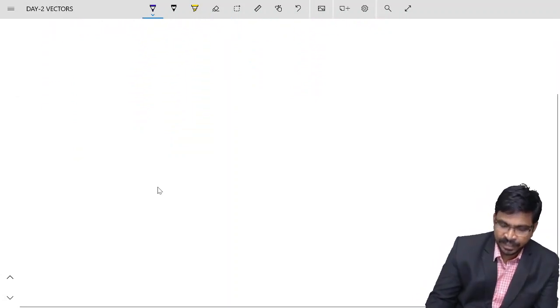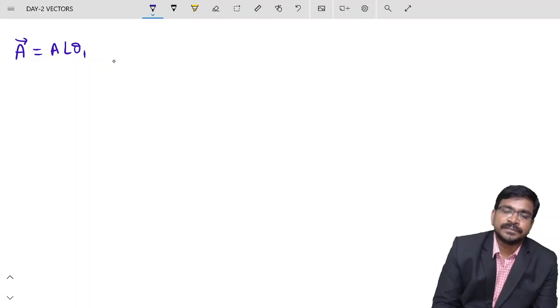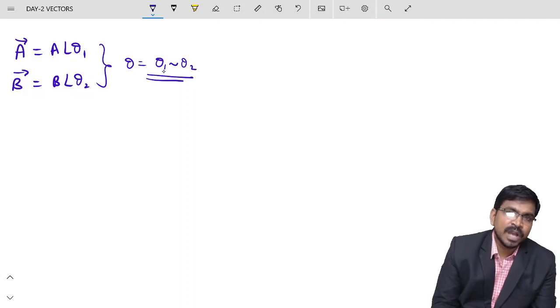Let us see. If A is equal to A at an angle theta 1 and B is equal to B at an angle theta 2, what is theta? Theta is always, you remember, the difference between theta 1 and theta 2. I am saying difference, so always a positive value.